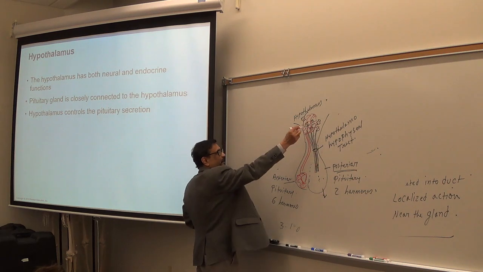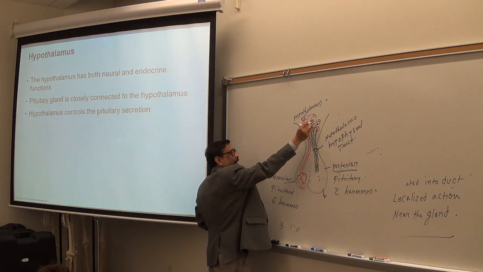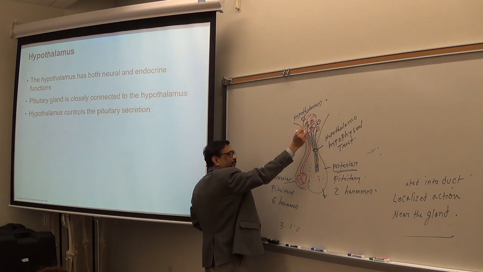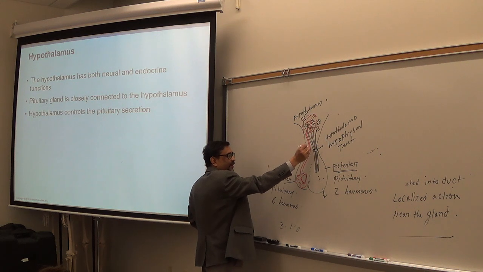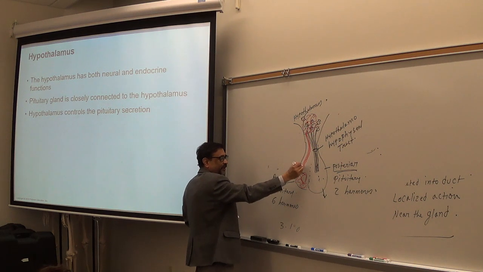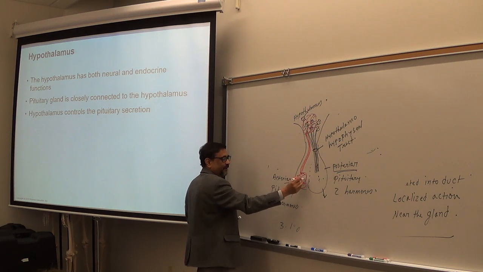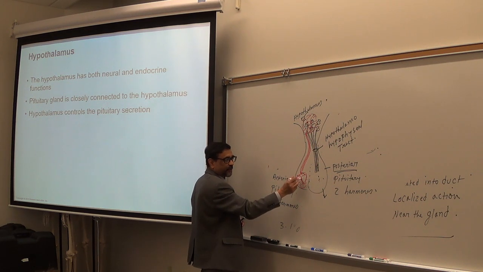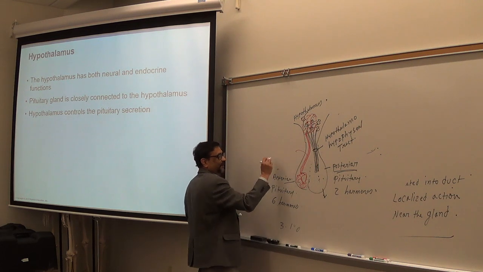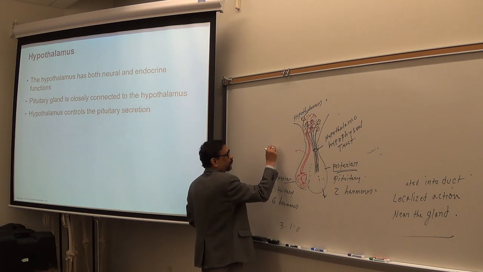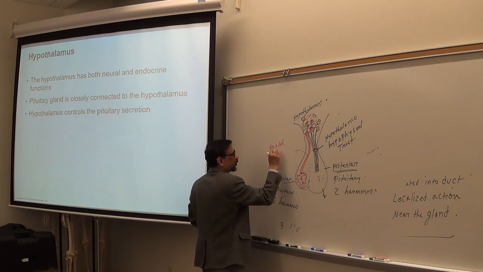So, the hypothalamus secretes chemicals into the blood here, into the capillary, and that blood brings the chemicals here and releases them here, and that chemical controls the anterior pituitary. So, this is called portal system.